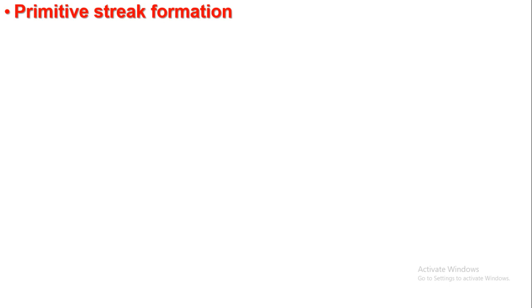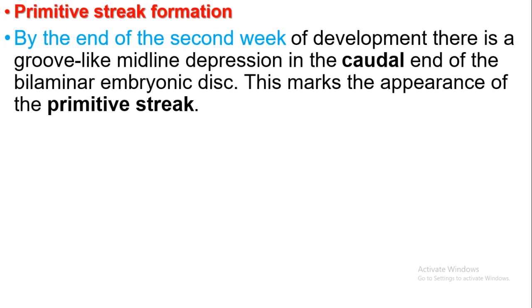So one thing we need to understand is that by the end of the second week, where we had to observe the epiblast and the hypoblast, there is a groove, a midline depression.